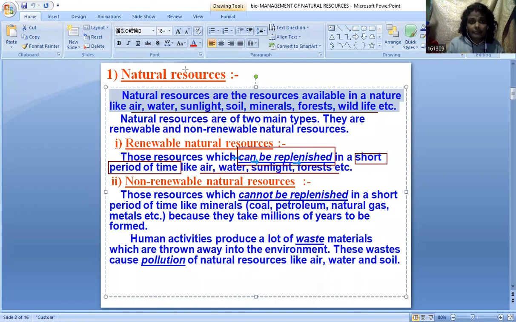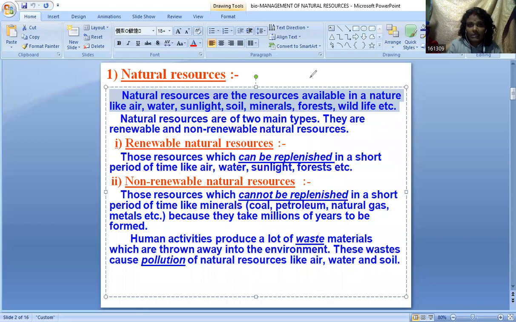Next is non-renewable resources, the second type of natural resources. What are non-renewable natural resources? Which cannot be replenished, the opposite of renewable resources. Let me clear the drawings which I have done so far. Yes, non-renewable resources cannot be replenished back. Or rather, it can be replenished, but it takes a long period of time.